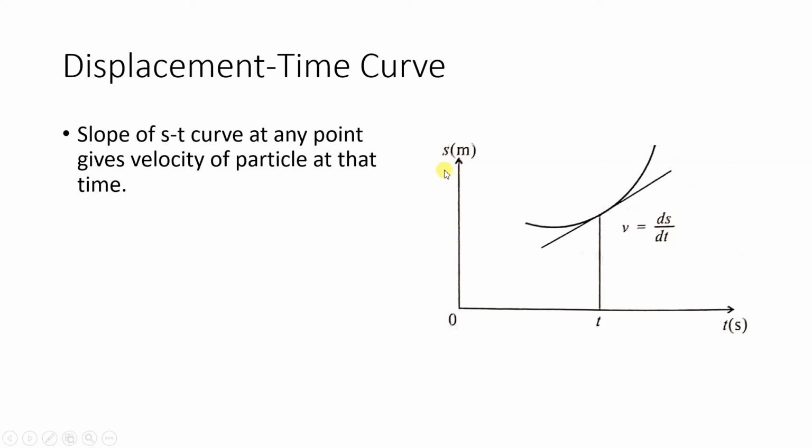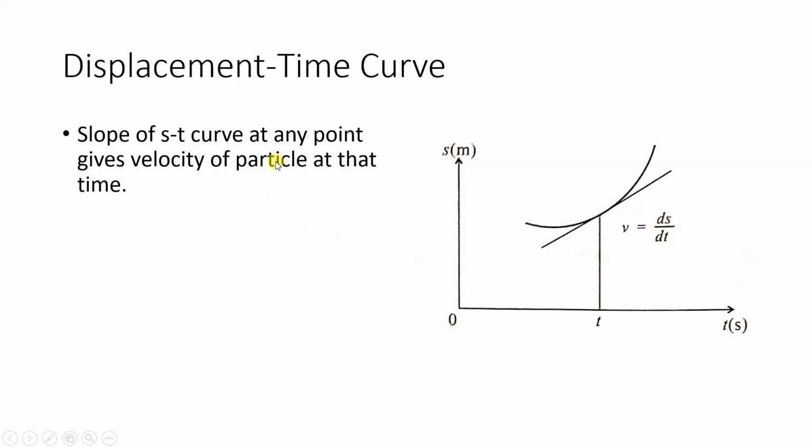On the y-axis we have displacement in meters and on the x-axis we have time in seconds. And here one curve has been shown and it has some tangent. Now what is the slope of this curve? It will be dy by dx, no? So dy by dx means ds by dt. Now what is this ds by dt? ds by dt gives us velocity.